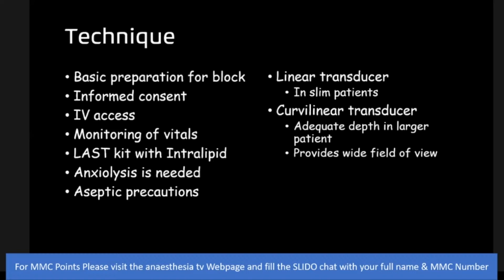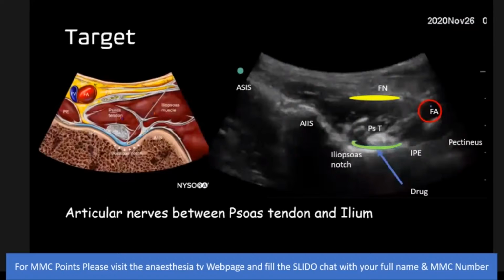It certainly provides a wide field of view to identify all the relevant structures. An 80 to 100 millimeter needle is recommended to reach the deep targets. The target for the block is the articular nerves lying between the psoas tendon and the ilium.